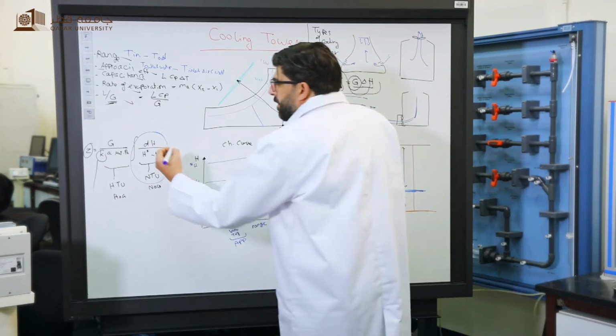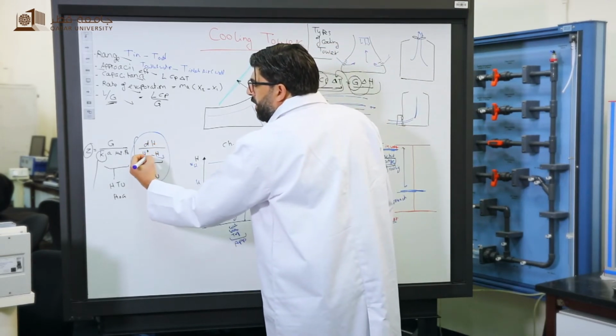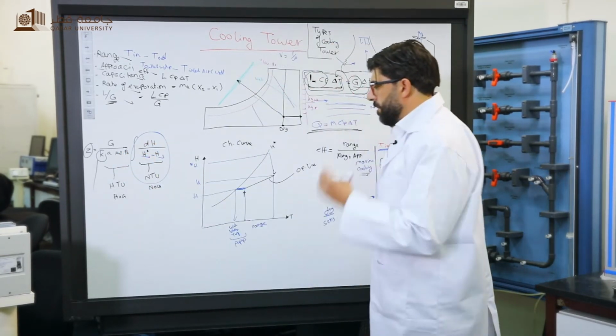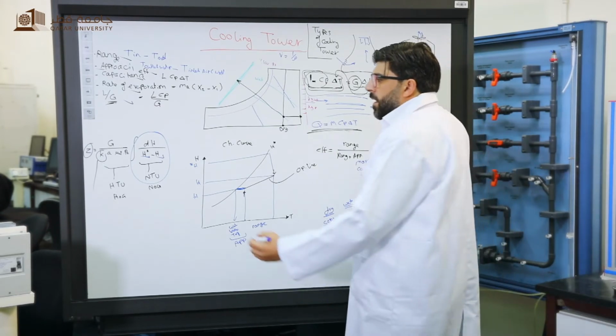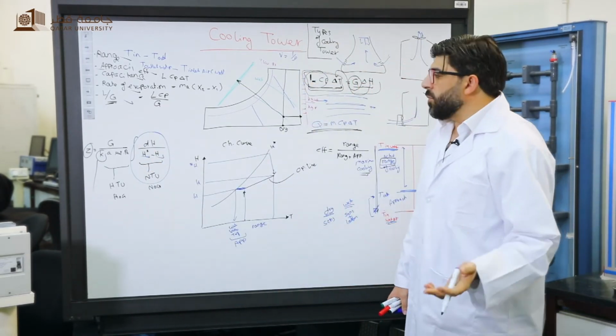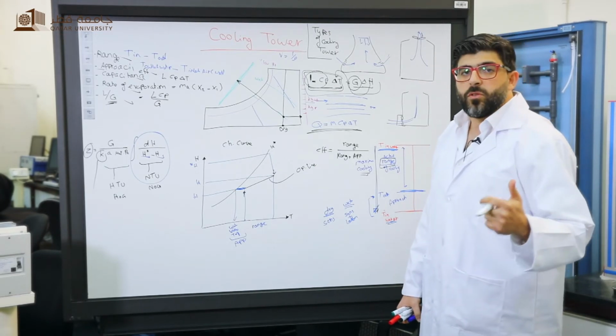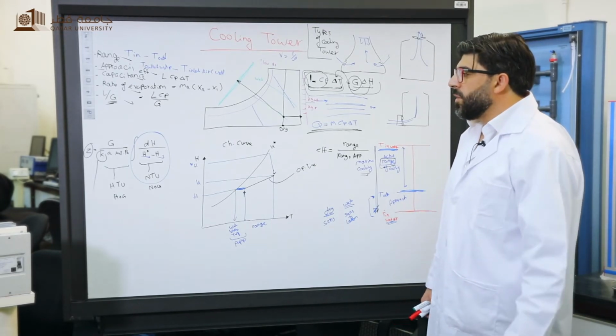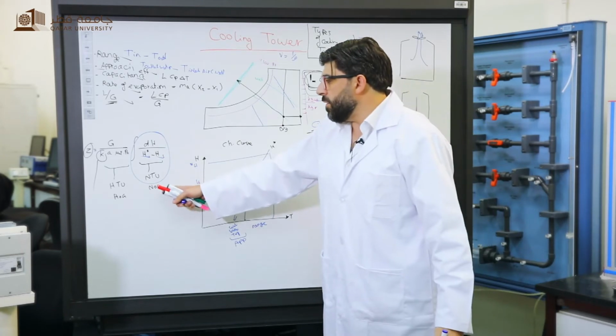Now we need H and we need H star. For this integration, you can use any numerical method, such as Simpson's method or the trapezoidal method, to find the integration between 2 points.